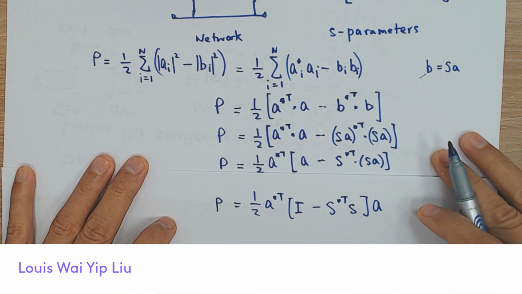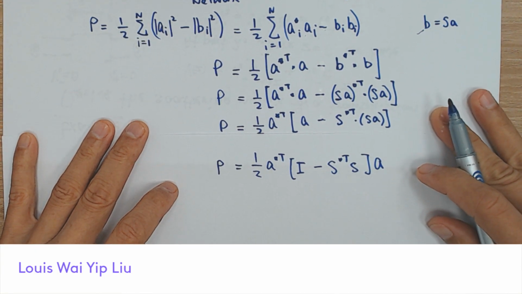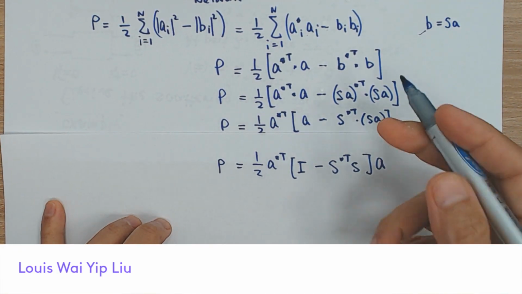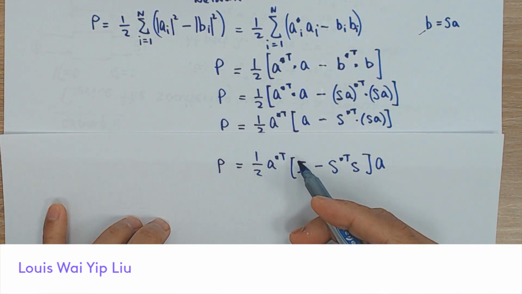Now we can further simplify this. So in this case, for a network to be passive, P has to be positive.